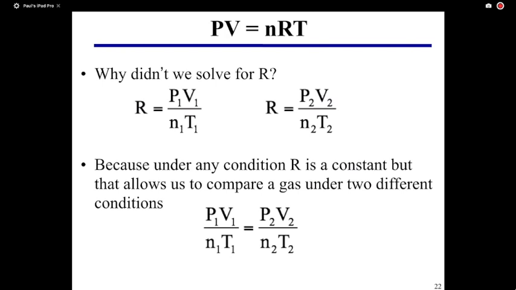And then if I change that gas and change something, and it changes all 4 of them, it still should equal R. So I could actually solve a problem just like this. I have the gas at one set of conditions, and the gas at the second set of conditions. They should equal each other. Okay? If I change it a little bit, these numbers do change.